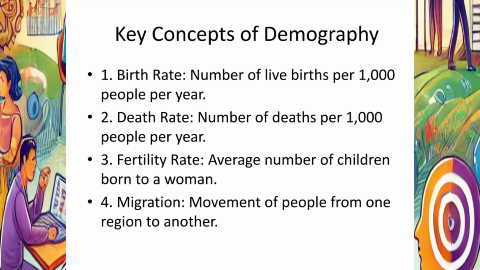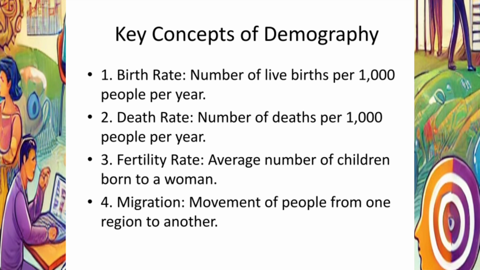Next are the key concepts of demography. Now let's focus on some important concepts related to population. 1. Birth rate. The number of live births per thousand people in a year. 2. Death rate. The number of deaths per thousand people in a year. 3. Fertility rate.